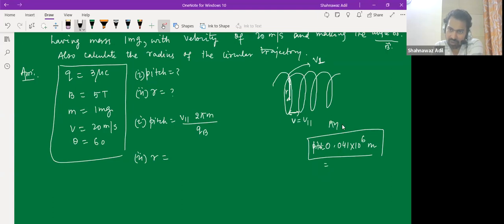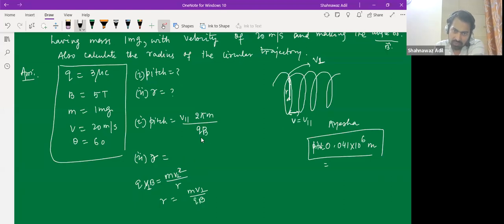Radius you already know, right? For radius, the magnetic force is the centripetal force, and this is the perpendicular one. So this cancels and R is m V perpendicular by QB.